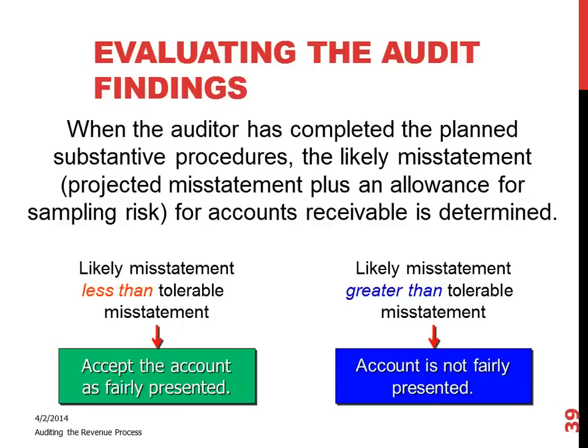They're less than the tolerable materiality level that the auditor is willing to accept. If it's greater than tolerable materiality, then the auditor is going to conclude that the account is not fairly presented. So what do you think happens if the auditor concludes that the account is not fairly presented?